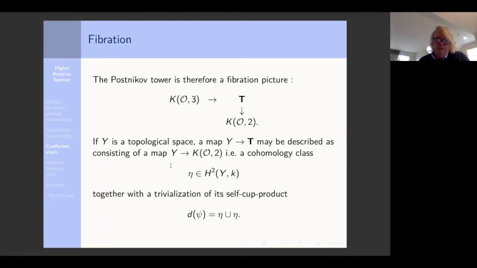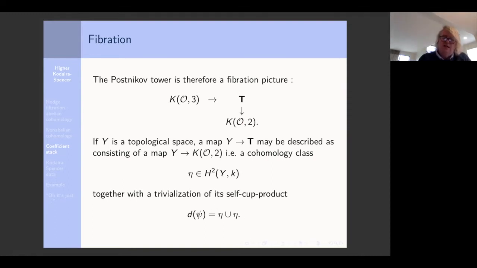We can say that a map from a space Y into T is the same thing as a map from Y into K(O,2). That's to say, a cohomology class. So if we take the global sections over the site of schemes over K, then that's just a coefficient K cohomology class eta in H2 of Y. Here we're just talking about singular cohomology, okay? Plus a trivialization of its cup product.